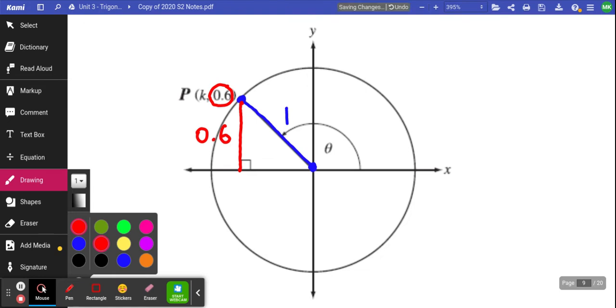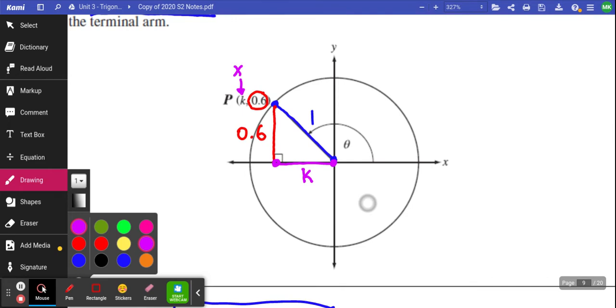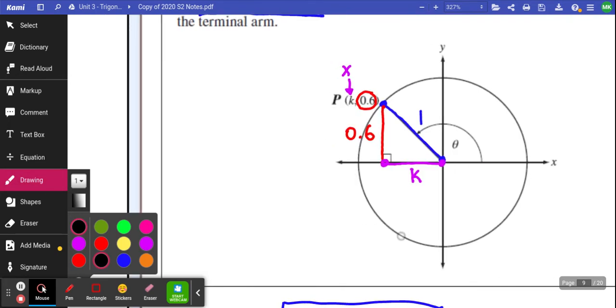And what they've asked you to find is K, which is really your x value, right there. This just comes down to Pythagorean theorem: a squared plus b squared equals c squared. You could even probably just look at the answers and figure it out. They're all 0.8. It only matters if it has a negative or a positive. Let's just calculate it quickly.